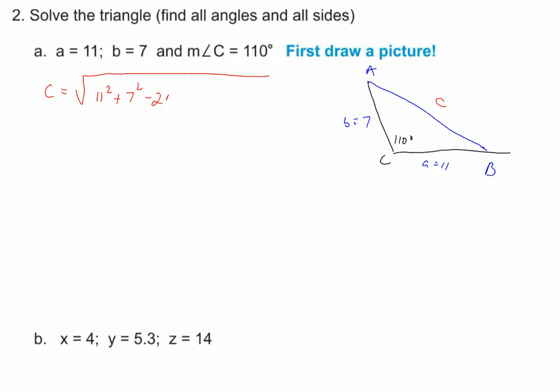You're going to do the 11 times the 7. And then you're going to do the cosine of the angle, which is 110. I mean, there's a decent pattern there. Square root sign, the other two sides, right? The sum of them squared from the Pythagorean theorem concept. Then the minus 2, same two sides multiplied, then the cosine of the angle. All right, make sure you can punch it out.